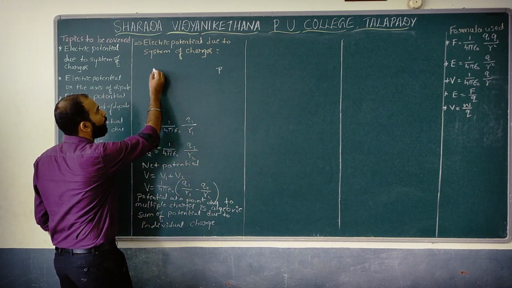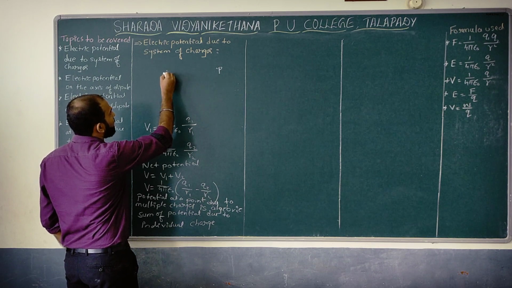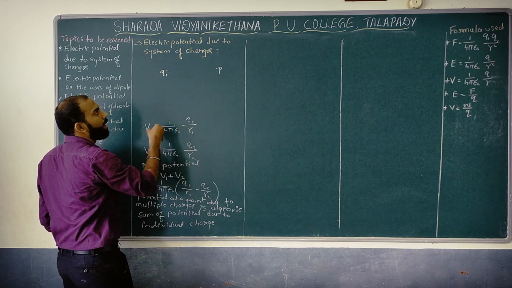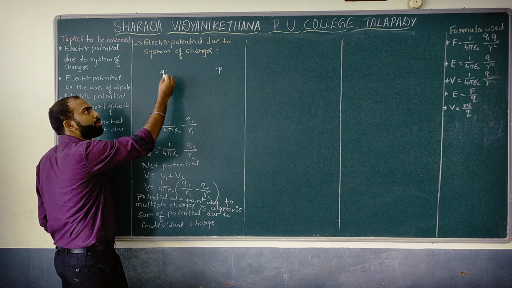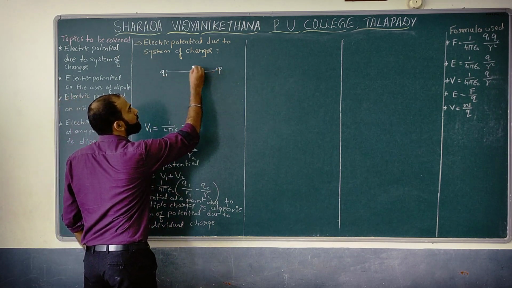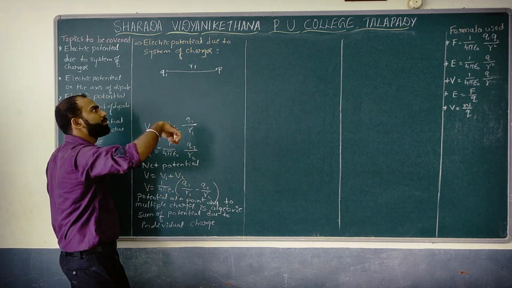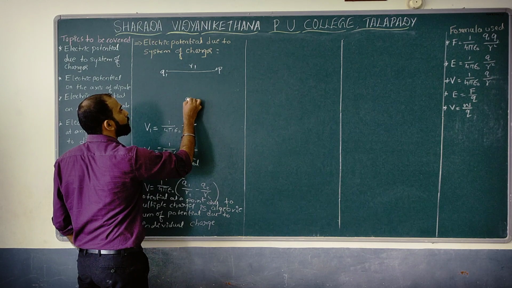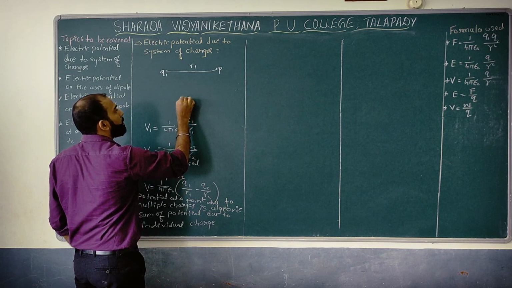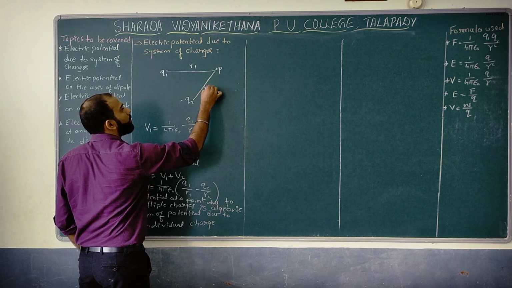You take a particle which has a charge q1, and you have kept this charge q1 at a distance, let us say r1. You take one more charge, let us say minus q2, kept at a distance r2.